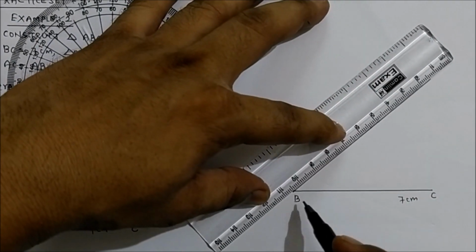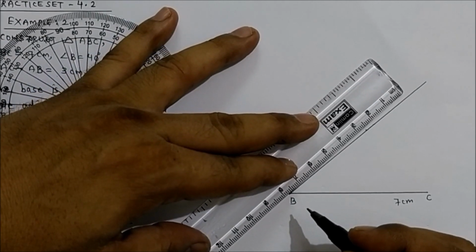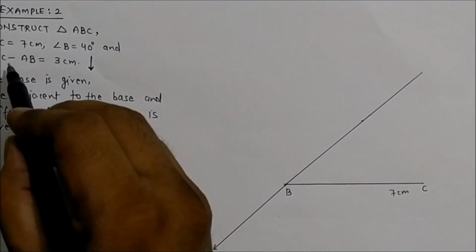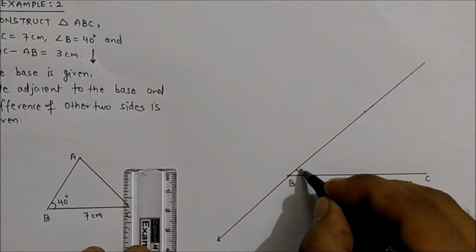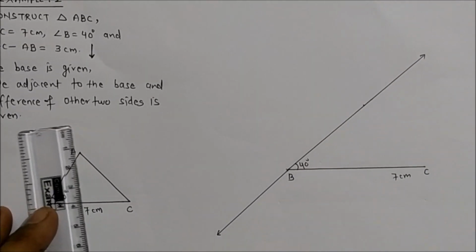Okay, and in this case, when you draw this angle 40 degrees, you have to extend this line below. In this case, because AC minus AB, this right side, is greater, this angle is 40 degrees, and we have extended this below.